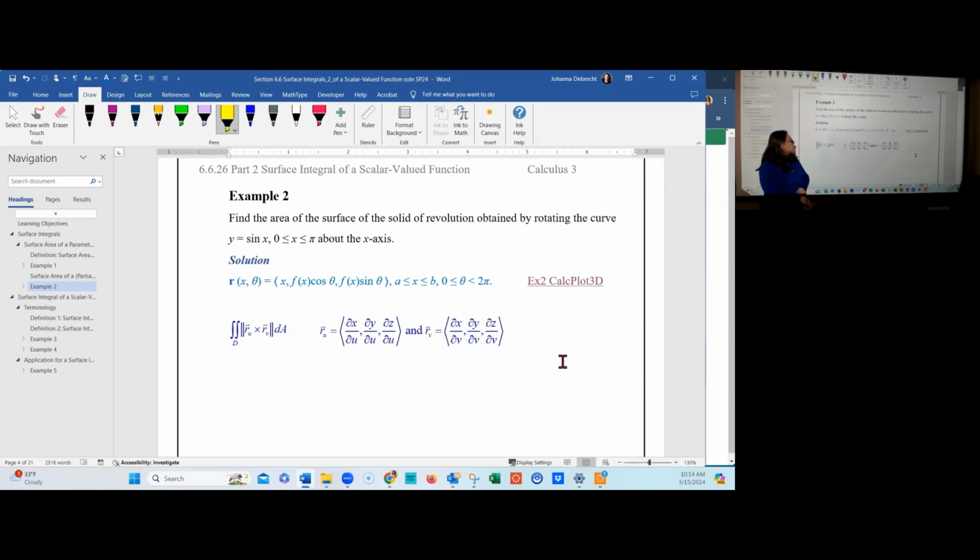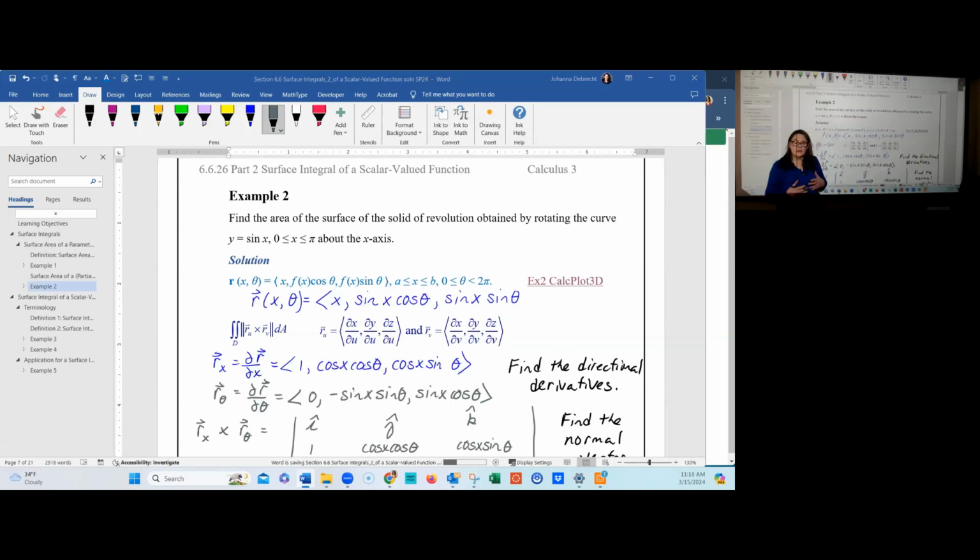In order to do it, we need to find the cross product of the directional derivatives, get the magnitude, and then evaluate the double integral. Go ahead and pause the video now to work this one out, and then turn the video back on and we'll compare our results. This particular problem is a really long integration process.